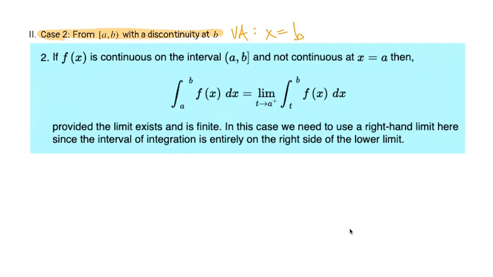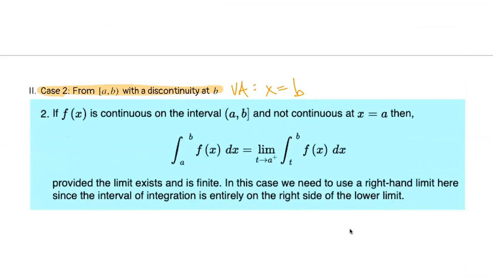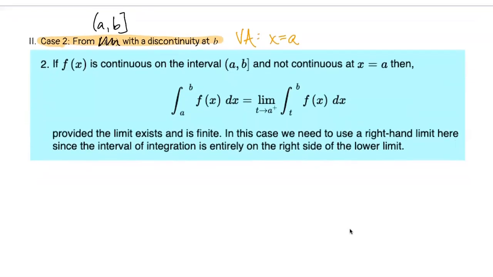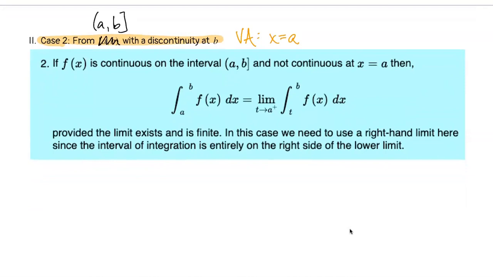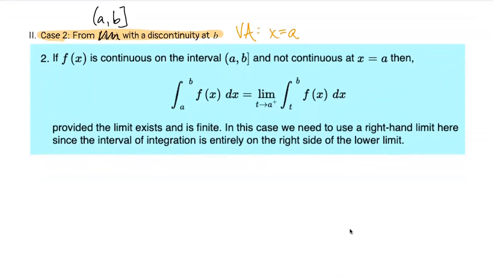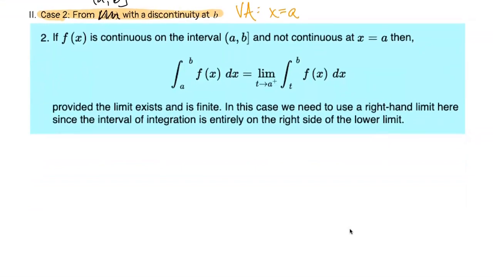This time, however, we are going to be looking at, did I type that wrong? I did, sorry. Sorry, folks, this is why you always proofread. This should say from a to b, and our vertical asymptote is actually at a, x equals a. Okay, so let's get a diagram going, just like we did before.